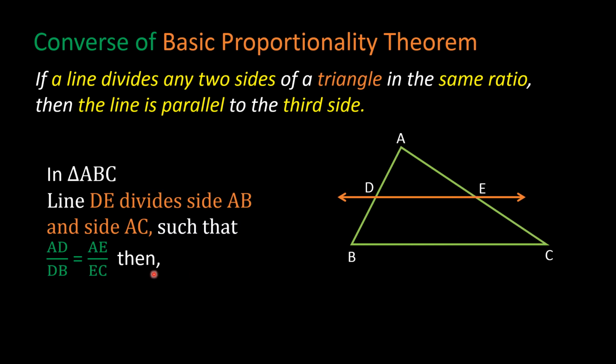That is, this line divides these two sides in the same ratio, because these two ratios are same. Then we can say that according to this converse of basic proportionality theorem, line DE is parallel to side BC.